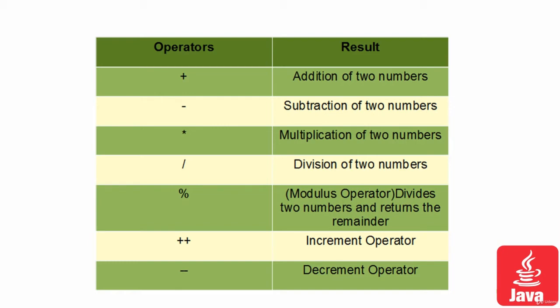Here the operators are like plus symbol for addition of two numbers, subtraction, multiplication, division. Modulus, the percentage symbol, is used to divide two numbers and return the remainder. If you divide 10 by 2, the division will give the value 5, but the modulus symbol will give the value 0 because there is no remainder.